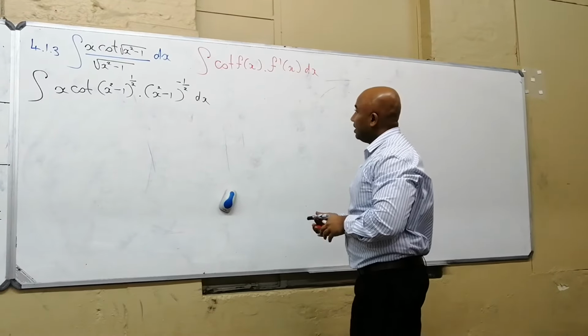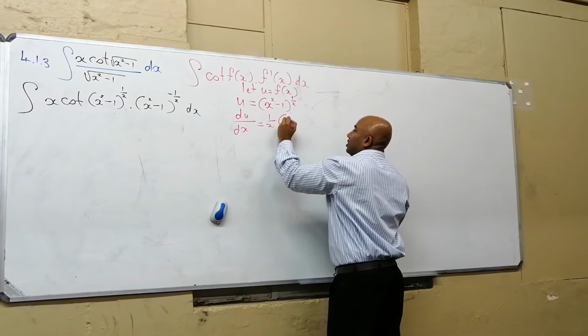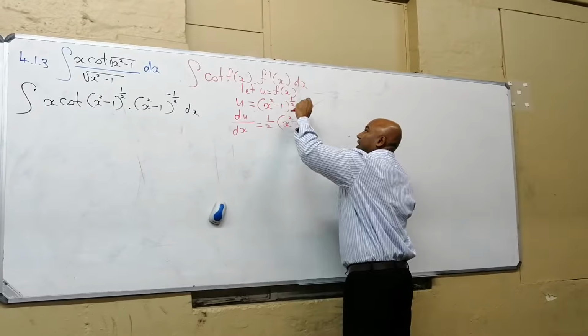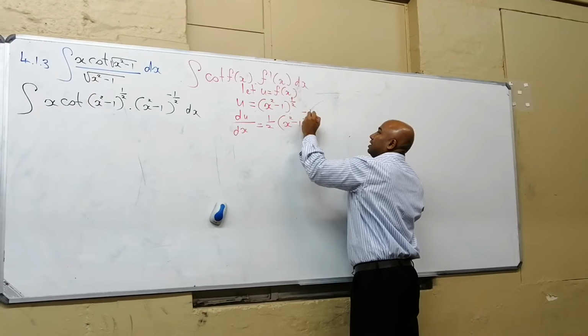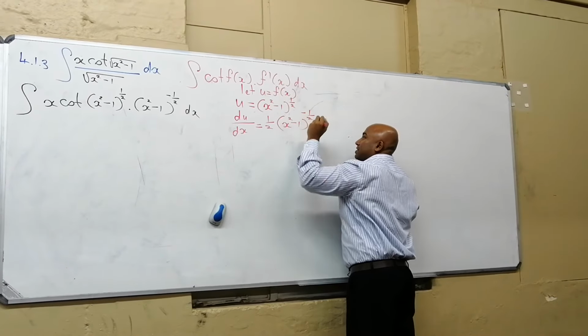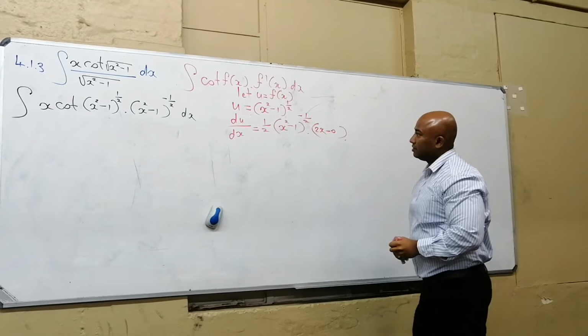This part here, which is x squared minus 1 to the power half, positive half. So when you differentiate it, du over dx, that's going to be half. And you got x squared minus 1, half minus 1 is minus half, times the derivative of x squared is 2x, the derivative of a constant, 0.